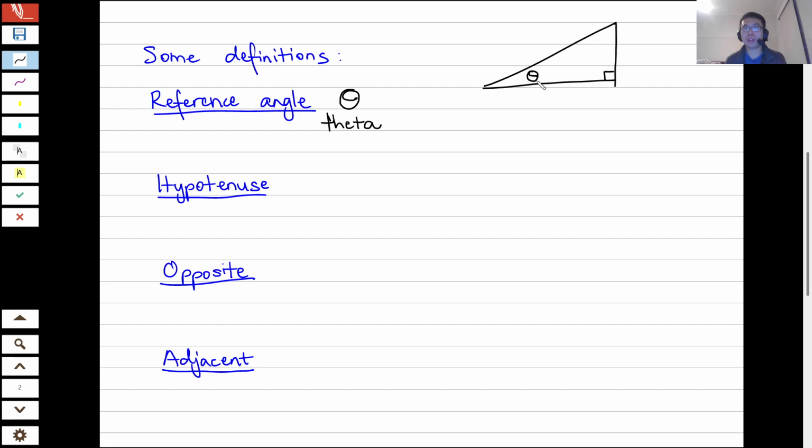So when I have a right-angled triangle, I need to choose an angle that I'm referring to. In this case, it might be this particular angle here. Now, you've already met the hypotenuse, which I'm going to label with the letter H. And you know how to do this as well. The hypotenuse is the longest side in a right-angled triangle, and it's always facing outwards from the right angle.